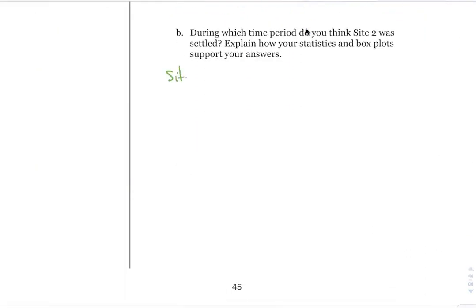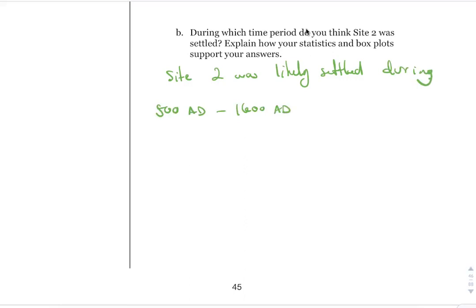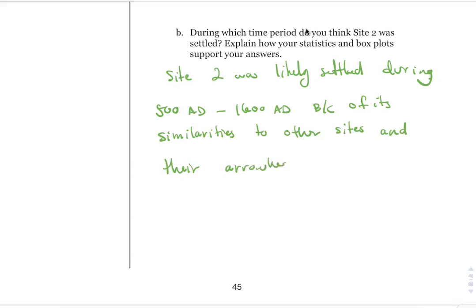So site 2 was likely settled during 500 AD to 1600 AD because of its similarities to other sites and their arrowhead lengths.